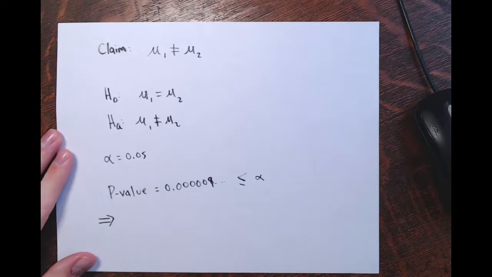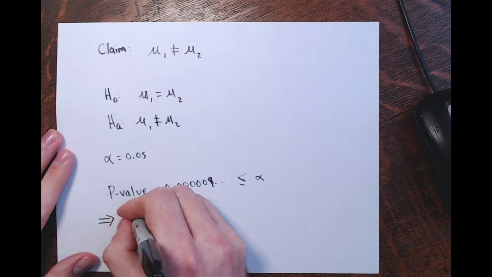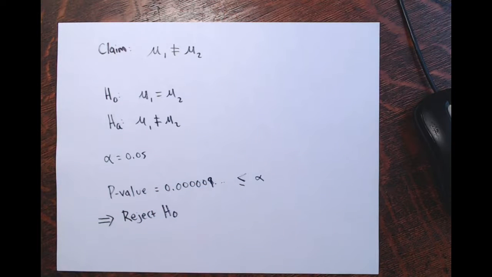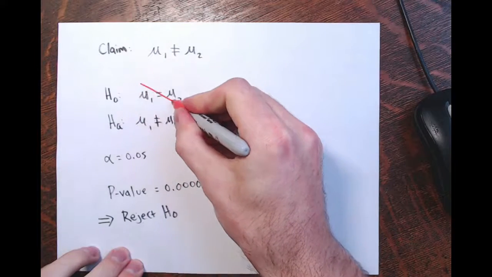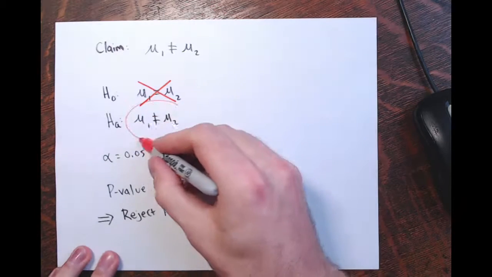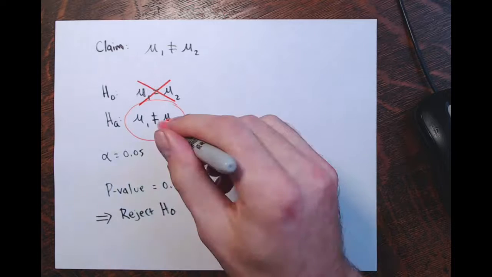If the p-value is less than or equal to the significance level, it means we'd be rejecting the null hypothesis. Right? I would reject the null hypothesis. So I'd reject this statement that the average debts are equal, and we'd accept this other statement, right? And I believe that was the claim as well. This is what we were testing.